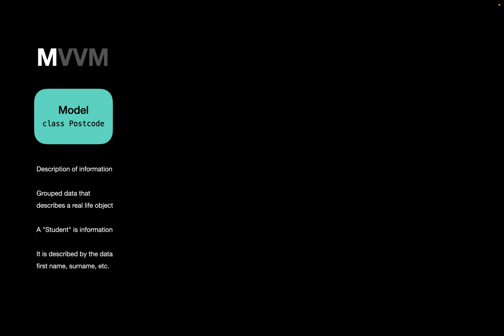So let's start with M for model. The model describes information. So information is a collection of data. So for example, a student is considered information, but it is described by its data, first name, surname, etc. In future applications or future videos, we're going to be building an application with postcodes.